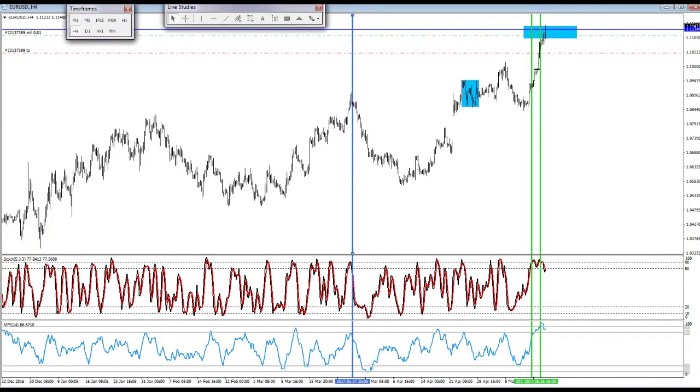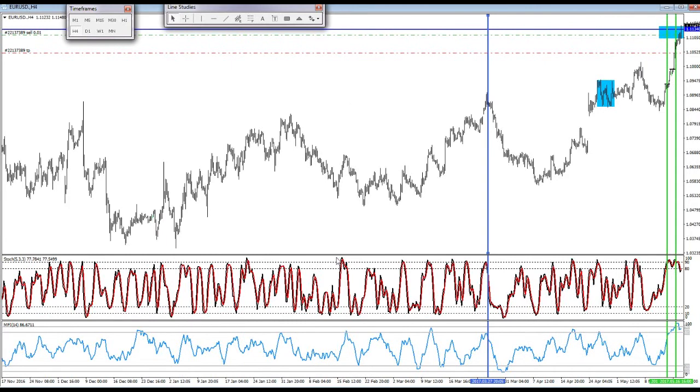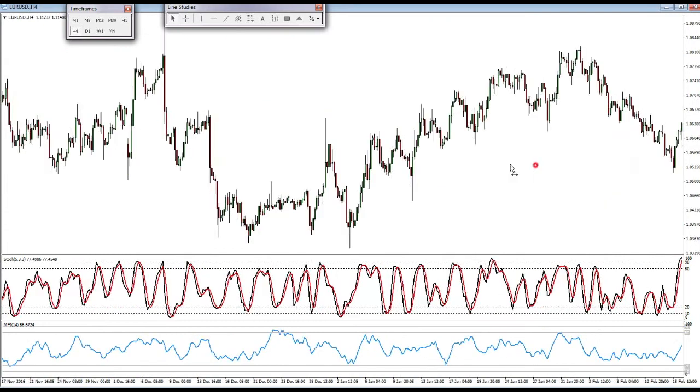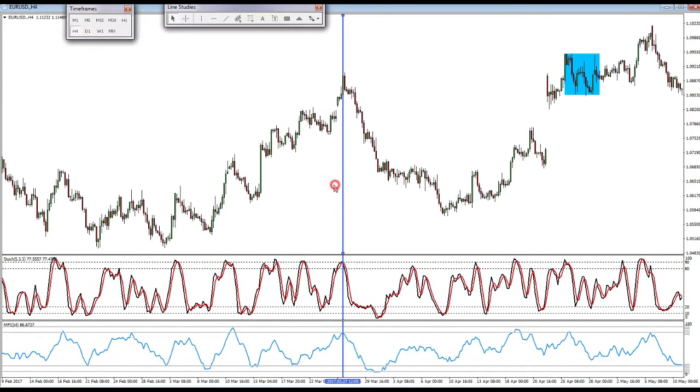This is a great example of a trade that should have played out the way this current trade was not playing out. So if you have a look here, you've basically got your stochastic enters that upper 90 level region. The MFI doesn't pierce the region, but still has a good play for it.